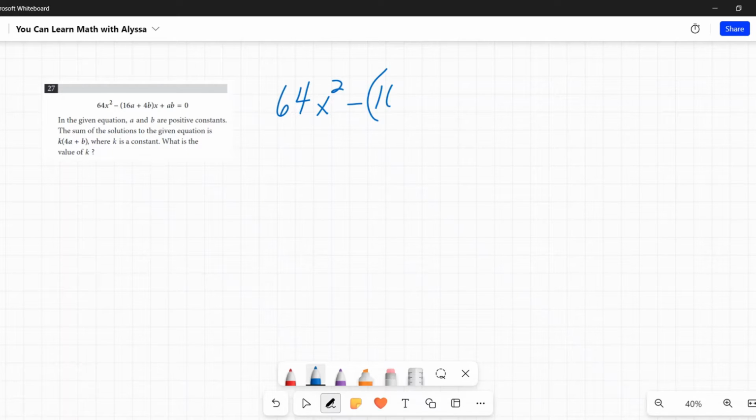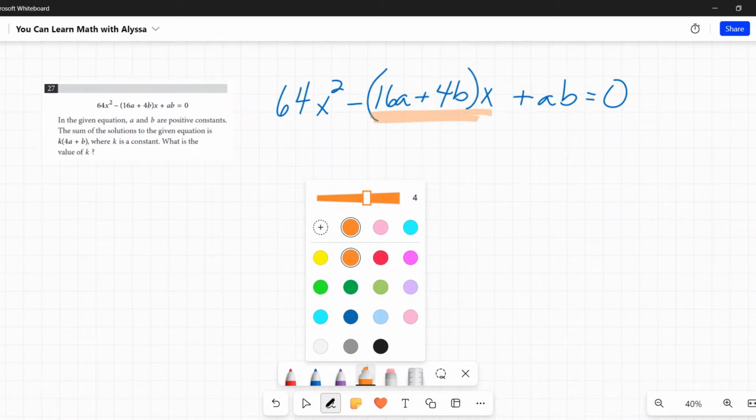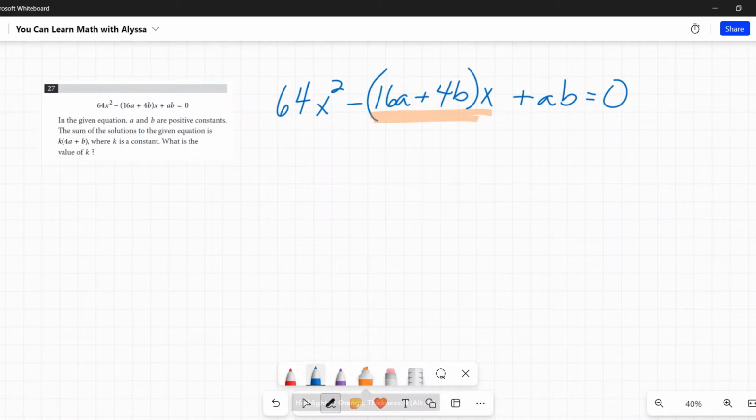64x squared minus, all in parentheses, 16a plus 4b, times x plus ab equals 0. First things first, there is a greatest common factor here in this 16a plus 4b, and I'm going to take that out. I'm going to write that in red. 4 goes into everything in there.